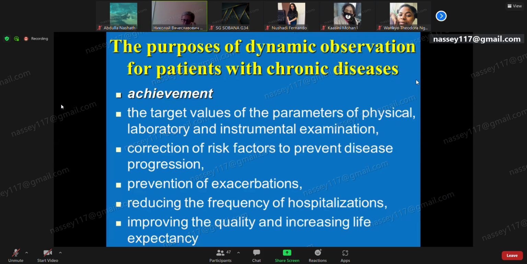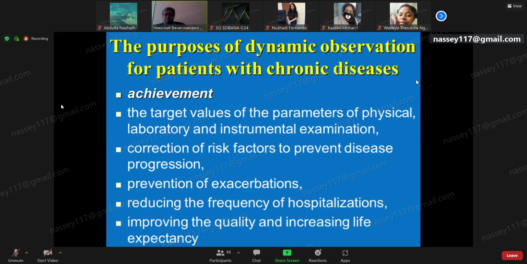Of course, we should organize prevention of exacerbation by timely organization of a correct diet, by timely correction of risk factors and lifestyle. Or in some situations, we can prescribe preventive therapeutic recommendations on taking some medications for prevention of possible suspected exacerbation.